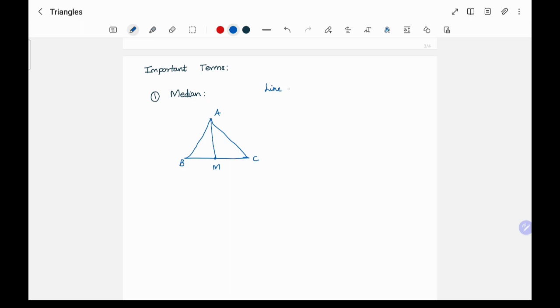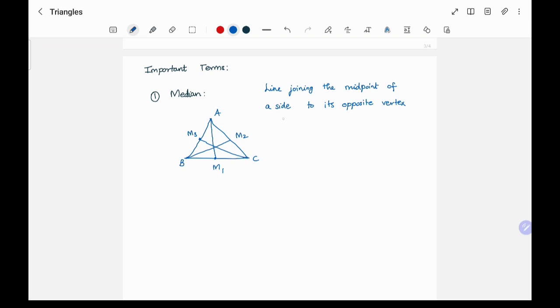So it is the line joining the midpoint of a side to its opposite vertex. How many medians are there for a triangle? There are 3 medians. Let's take M1, M2, M3 as the midpoints. Then we have 3 medians.